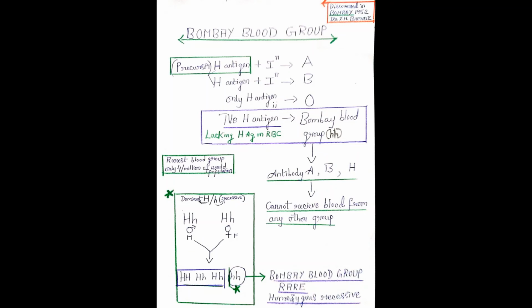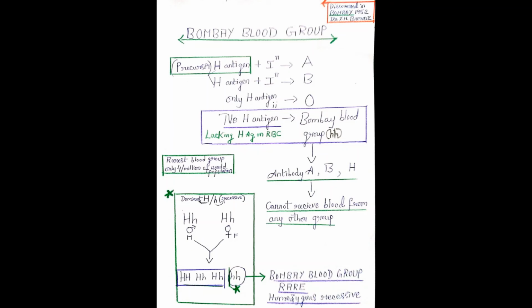Just observe the purple box. If there are no antigens on RBC, particularly if there is no H antigen on RBC, then it is considered Bombay blood group. What is H antigen? H antigen is a precursor molecule. It is required for the synthesis of blood sugar.